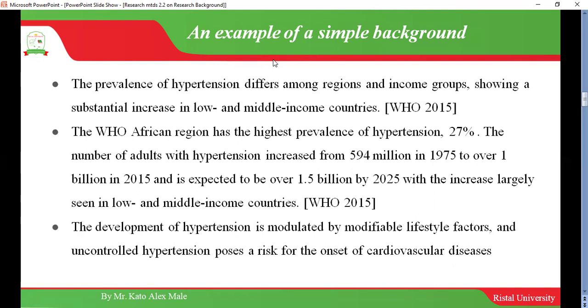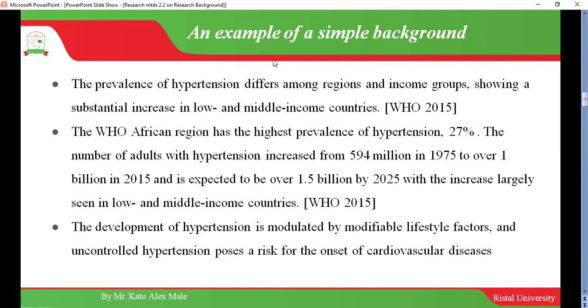He has given you information on the global level and also at the African continental level. I couldn't give everything in detail because this was just a slide, but the background can be 2 to 3 pages when talking about the background information of the particular problem that you are investigating.